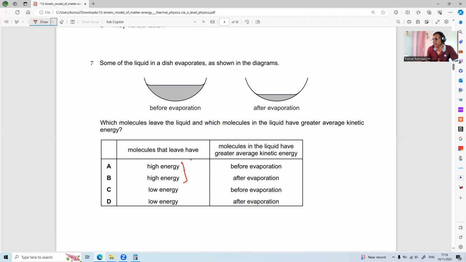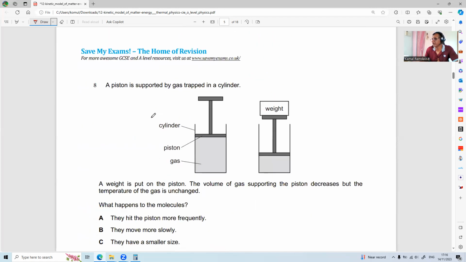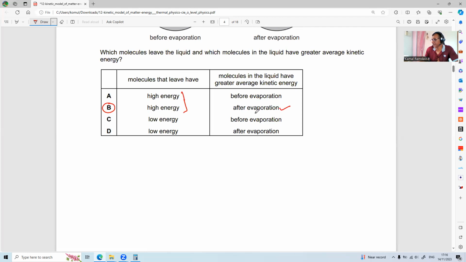Définitivement, after evaporation, it becomes gas and they will have a greater kinetic energy. Ça, c'est la réponse. Okay. Et qui fait that they have greater kinetic energy because they are not held by the strong attractive forces in the liquid.